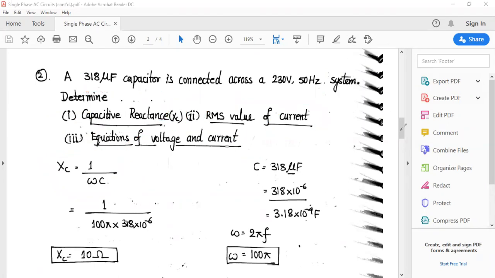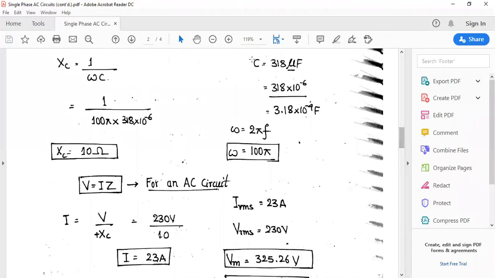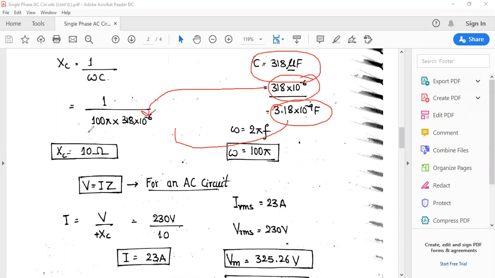Okay, so let me proceed with the solution. The first one, to find out the capacitive reactance, given C as 318 microfarad. 318 into 10 power minus 6, you can write it as 3.18 into 10 power minus 4. Or you can directly use this one, which is 100 pi into 318 into 10 power minus 6, you'll get XC as 10 ohm exactly.